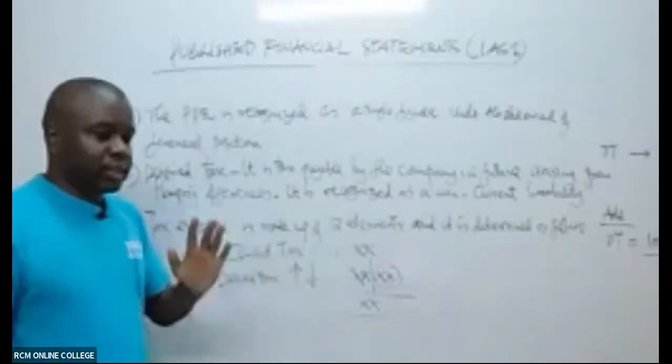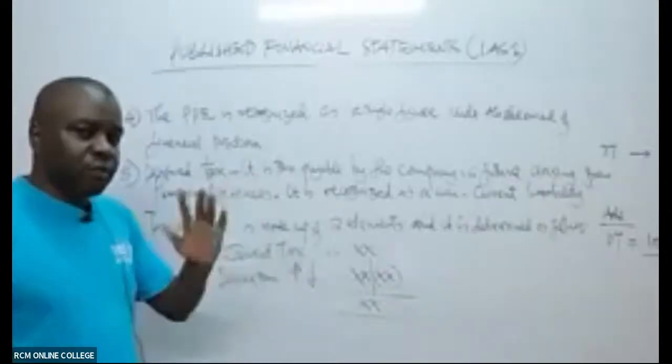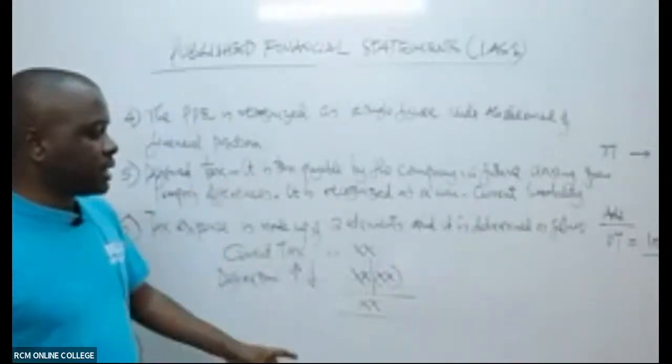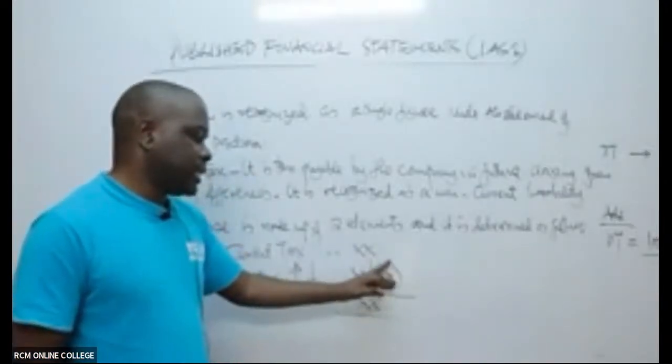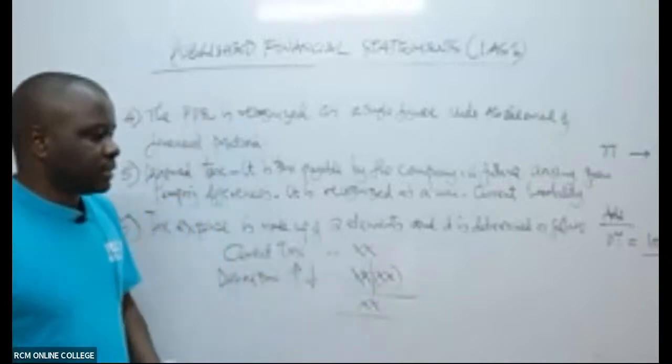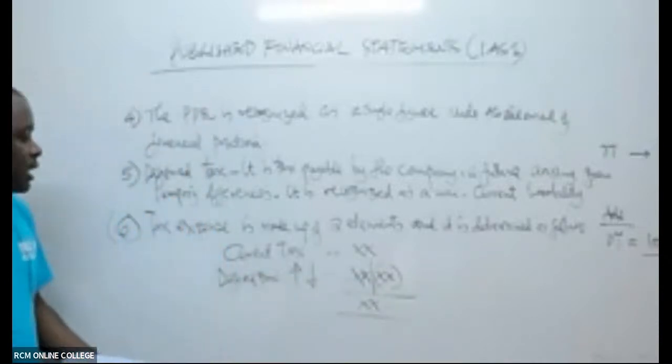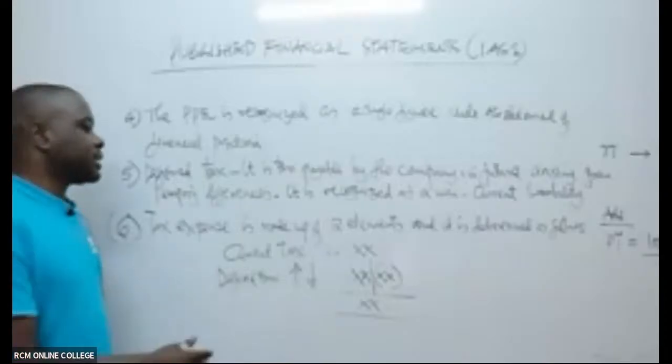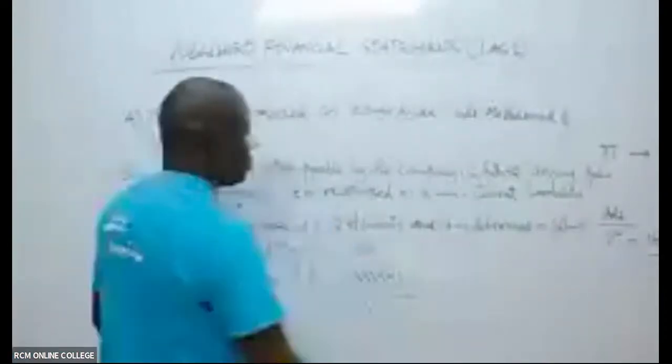The claim has reduced. So you reduce the tax expense. That is basically how you determine the tax expense when preparing the published financial statements.